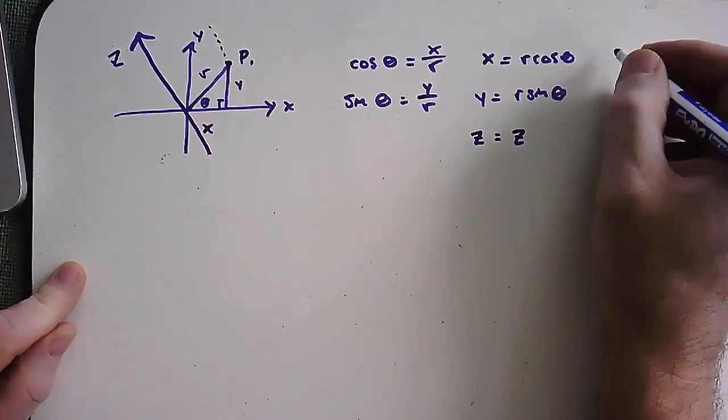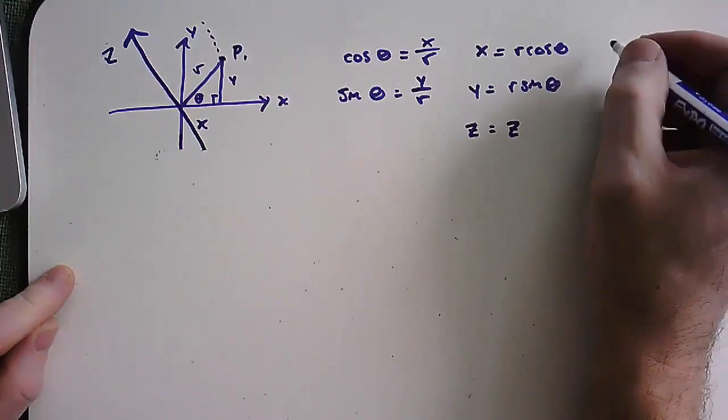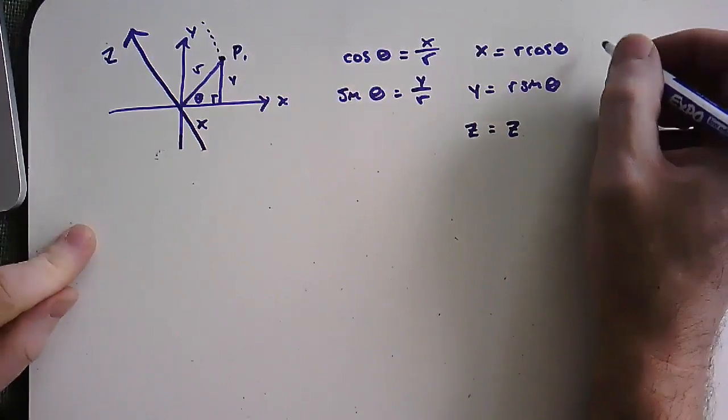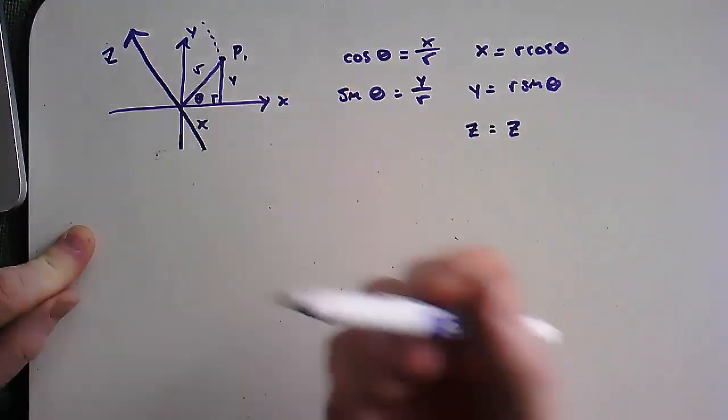The area differential in Cartesian coordinates is just dx dy in R2, and dx dy dz in R3. The geometry that we've introduced here makes the area differential r dr d theta. And that's also going to translate back into our cylindrical coordinates as well.